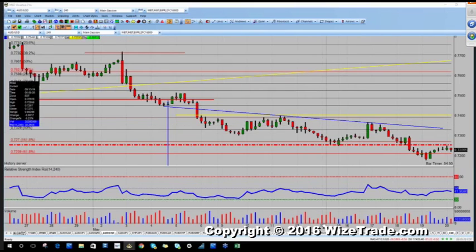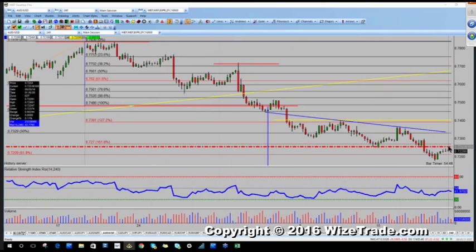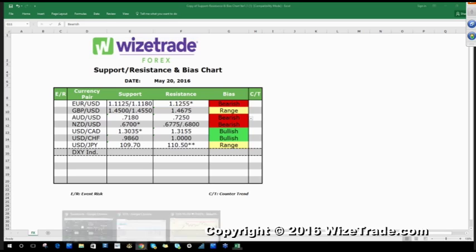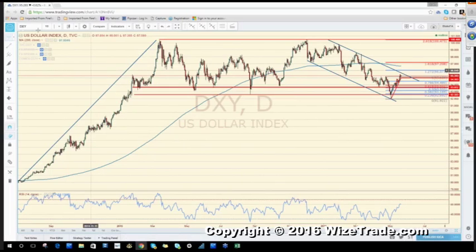You can tell it's just kind of bouncing around here, struggling at this 72.50 support. 72.50 is resistance right now. Tight ranges, guys, very tight ranges, and this is bearish, but we're sitting near some pretty key support here. Let's go look at the dollar index.